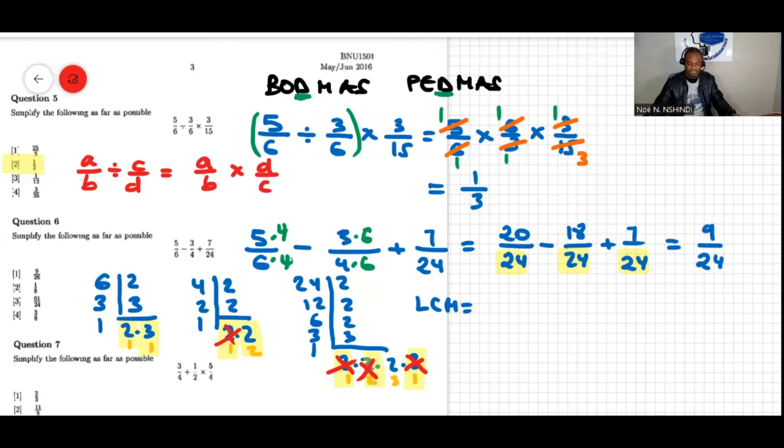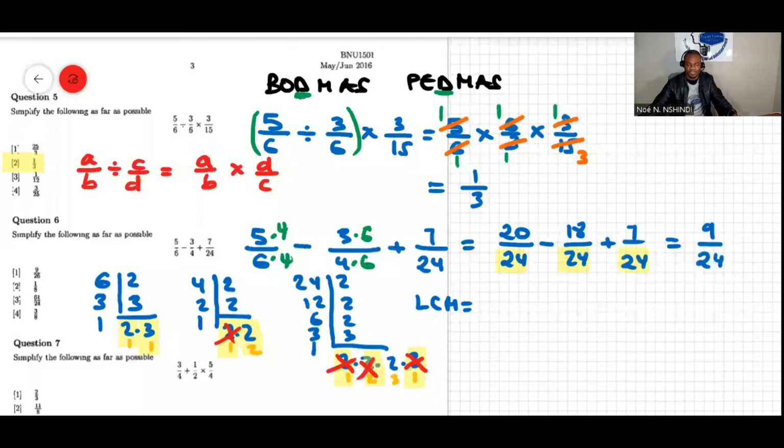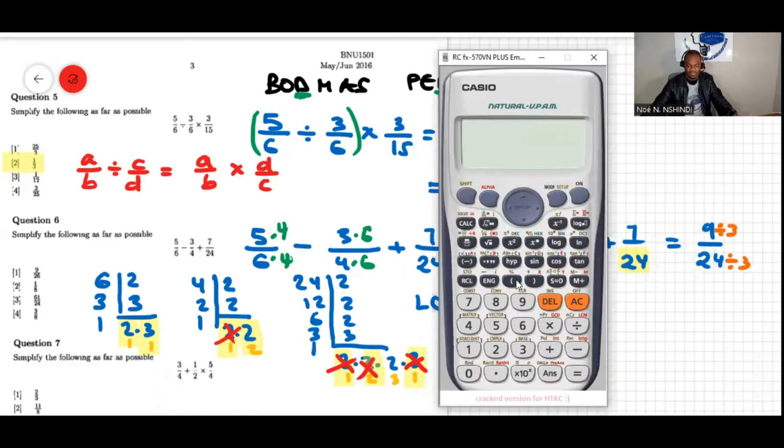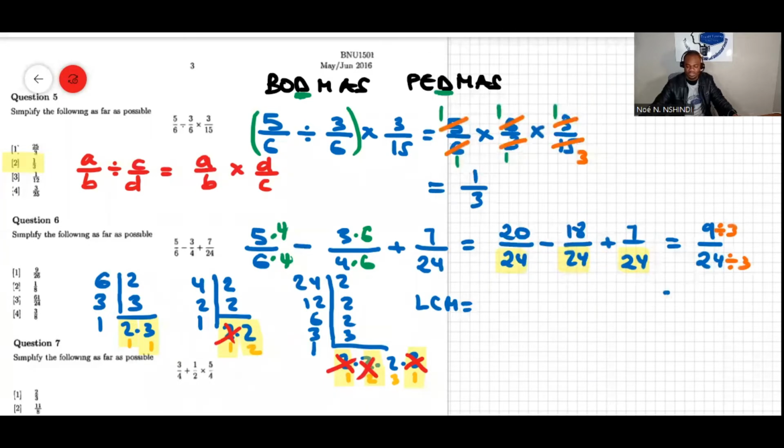Now, we look if we can simplify this fraction further, and we can see that we can divide here by 3 and divide there also by 3, or what we can do, in the calculator, write 9 over 24. If you hit equal, it will tell you that this is equal to 3 over 8. So this is equal to 3 over 8, which is alternative 4, okay?